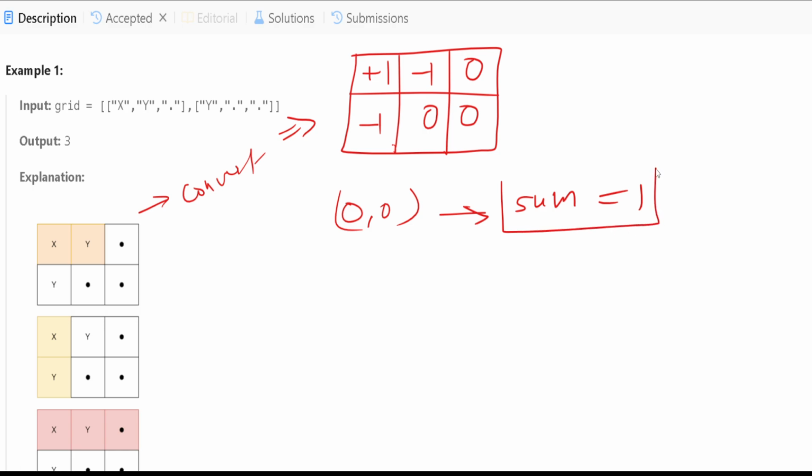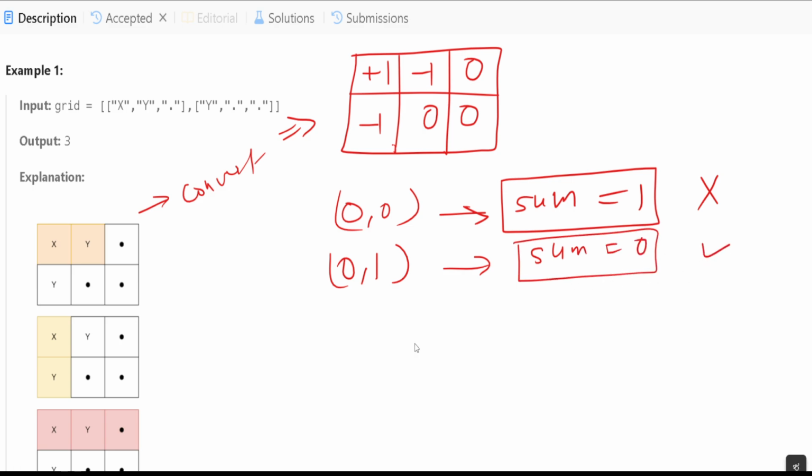If the sum is starting from 1, it is not valid, because the submatrices should start from 0 0 and it is not starting there because it has +1. It should start from 0 0. Okay, its value is 1. Now we'll check 0 1, the next cell. What is the sum? The sum is 0. It means this is valid.